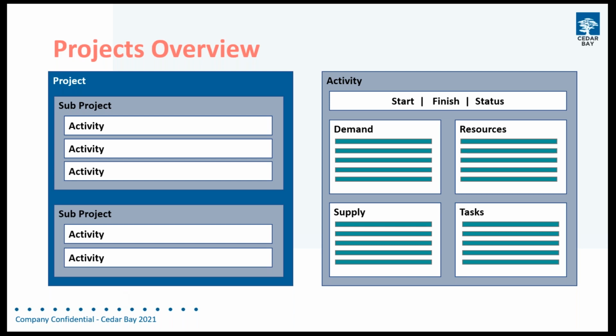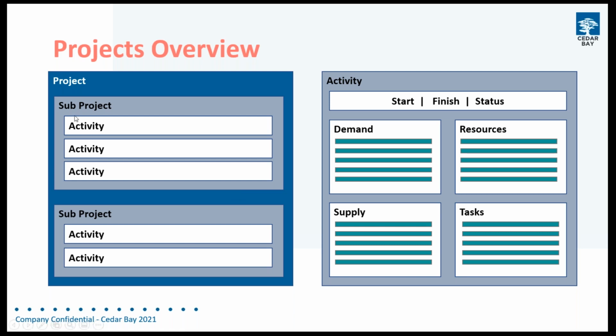Usually that can be associated with a customer as well, and all of your finances will fall out of that. Then within a project, you've got a sub-project, and a sub-project is simply a folder. It's a collection of activities within that, so it's a way of just grouping things together.